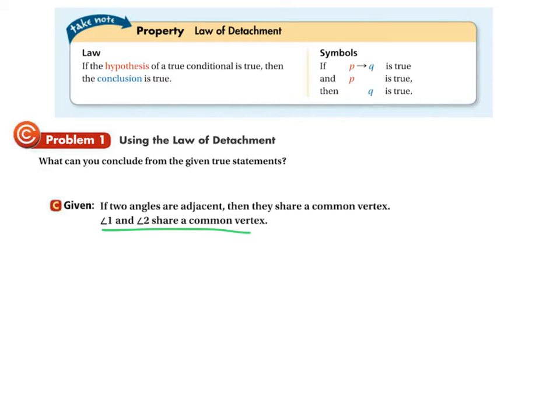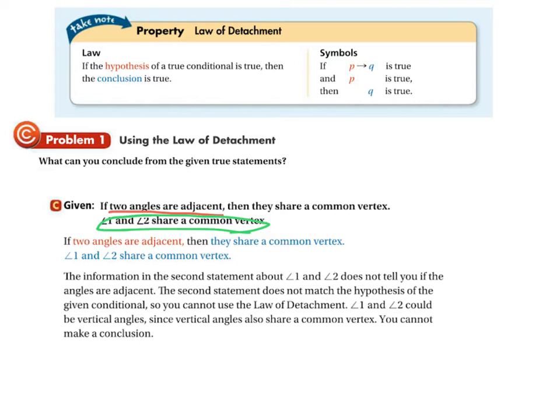The hypothesis here is two angles are adjacent, and that's not what they told us down here. They didn't tell us that the two angles were adjacent. So what does that mean for us? Well, it doesn't tell us that the angles are adjacent, so therefore we cannot use this statement in the law of detachment, and we cannot make a conclusion at all. We can't say anything for sure one way or another.